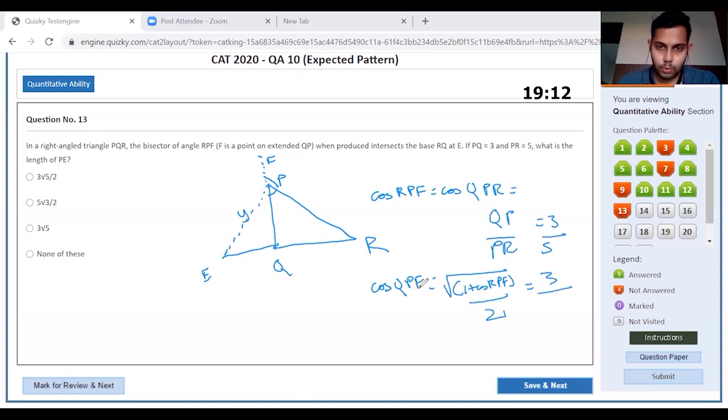Okay, QPE, I wrote this wrong, QPE divided by PE, which is y. So we have (1 plus 3 by 5) by 2, or we have 8 by 10, or we have 4 by 5 root. Okay, so we have y is equal to 3 divided by root 4 by root 5, which is 3 root 5 by 2.